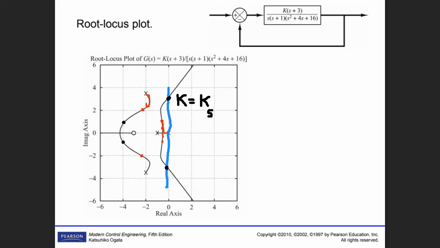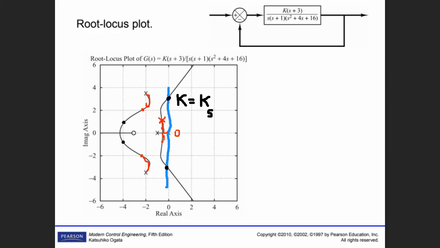Moving and reaching to those points. Okay. And for that one as well. So those near to the origin are dominant poles.